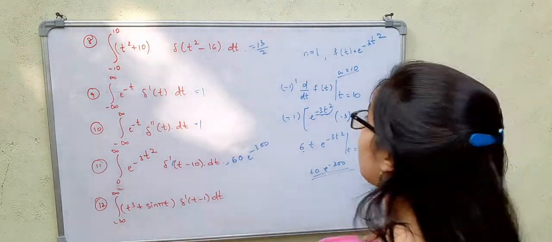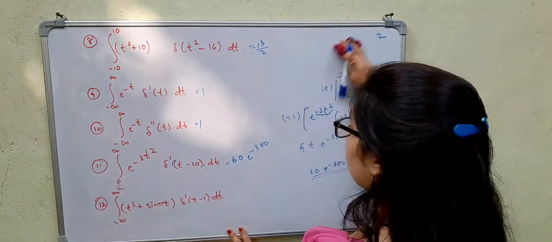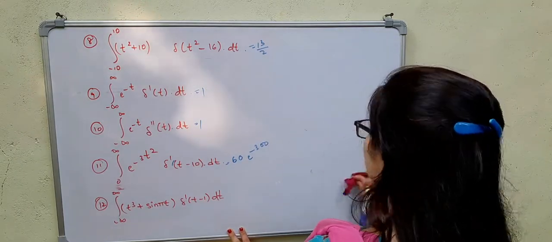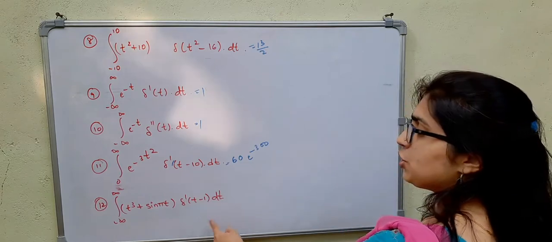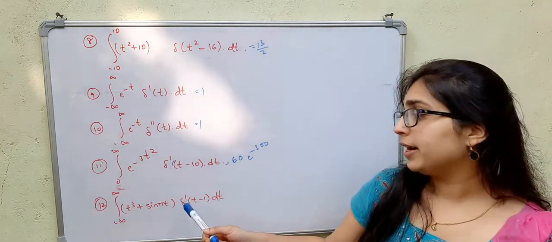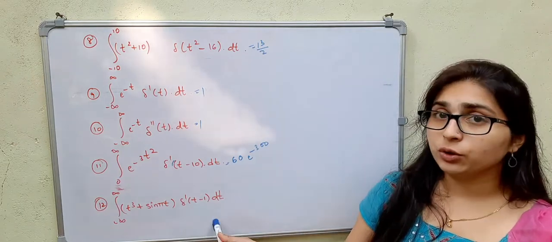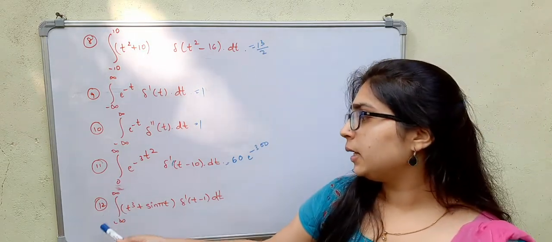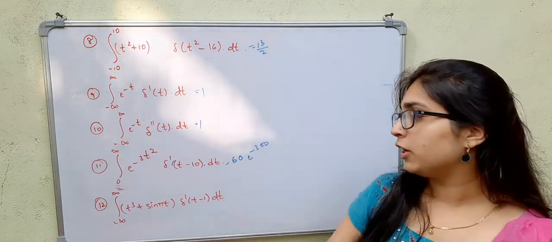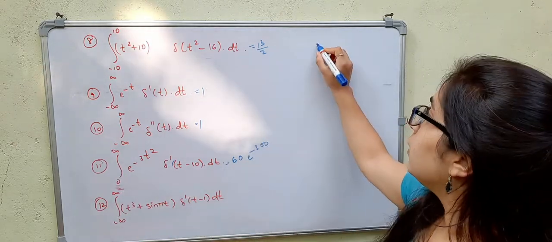Okay. So the last problem is minus infinity to infinity t cube plus sin pi t delta dash t minus 1. Again here the impulse function is shifted, means the value will be at t is equal to 1. So see whether it is in the limit. Yes, the value is in the limit, that is minus infinity to infinity. n is equal to 1 here.